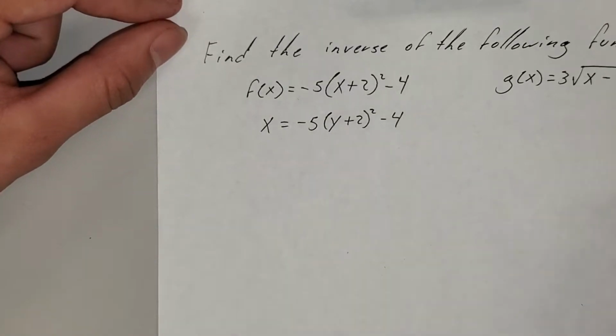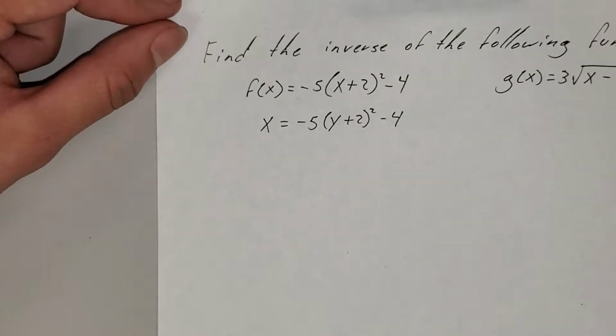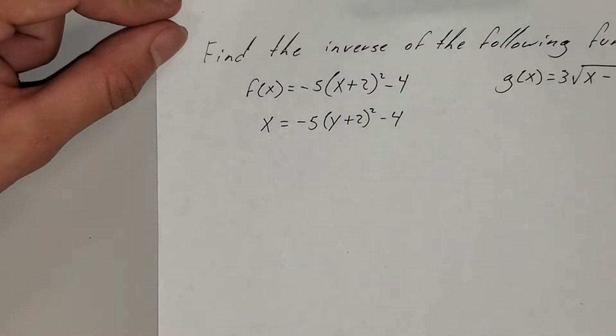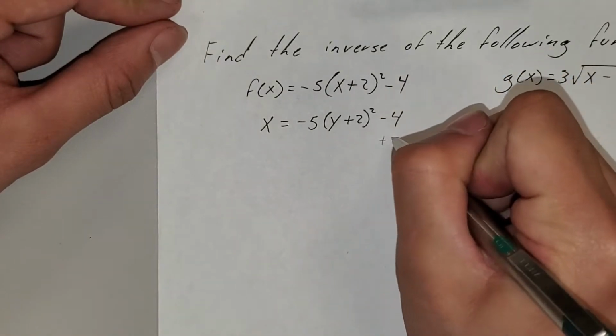All right, so now the next step is to leave y by itself. In the process of leaving y by itself, I have to first add 4 to both sides.